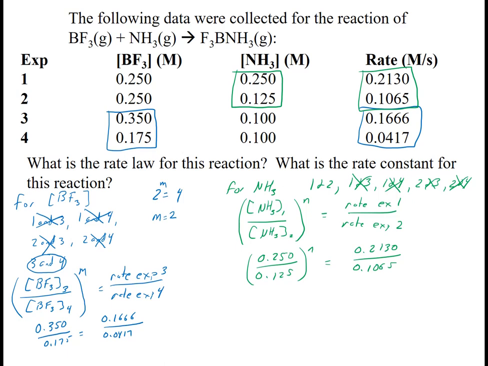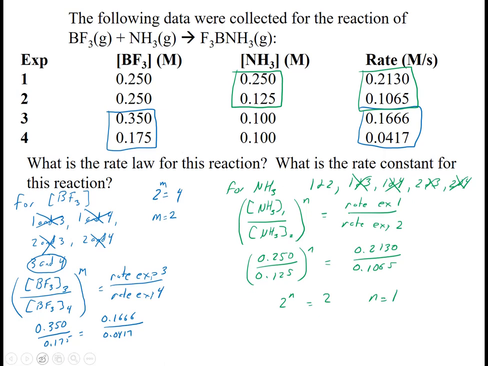So 0.25 divided by 0.125 is again 2. That's the most common one, to double the concentration. 0.2130 divided by 0.1065 is also 2. So what power do I raise 2 to in order to equal 2? N is equal to 1.